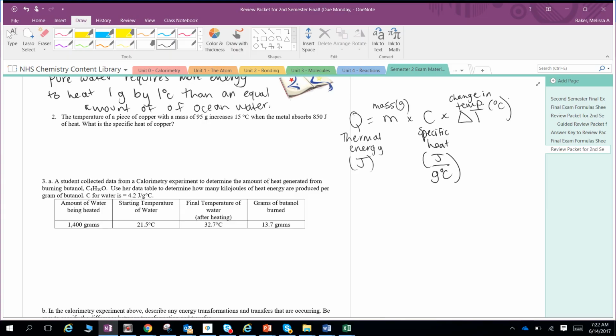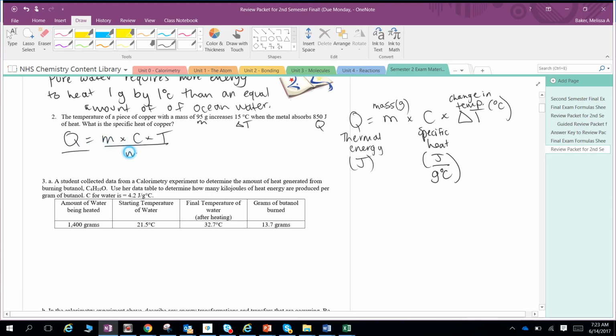So you could easily Google this, but let's figure out the experimental value. So I'm going to rewrite my equation, and I'm going to note that I know the mass, I know the change in temperature, and I know the thermal energy. So I'm missing C, the specific heat.